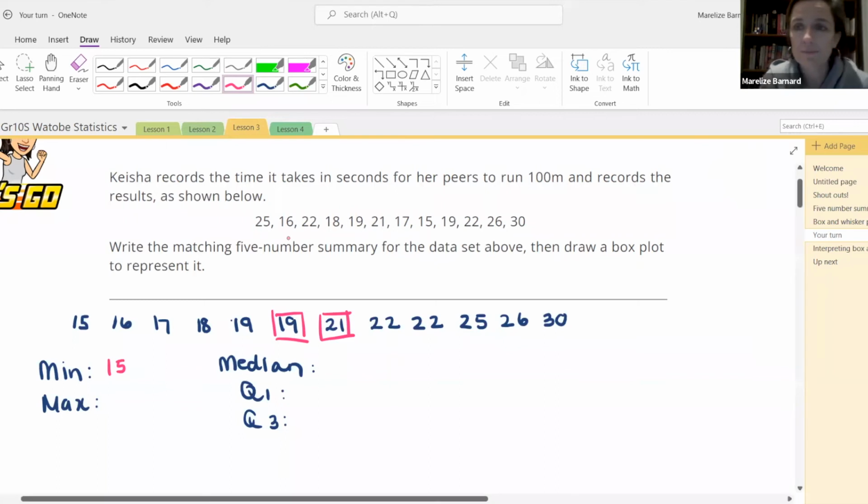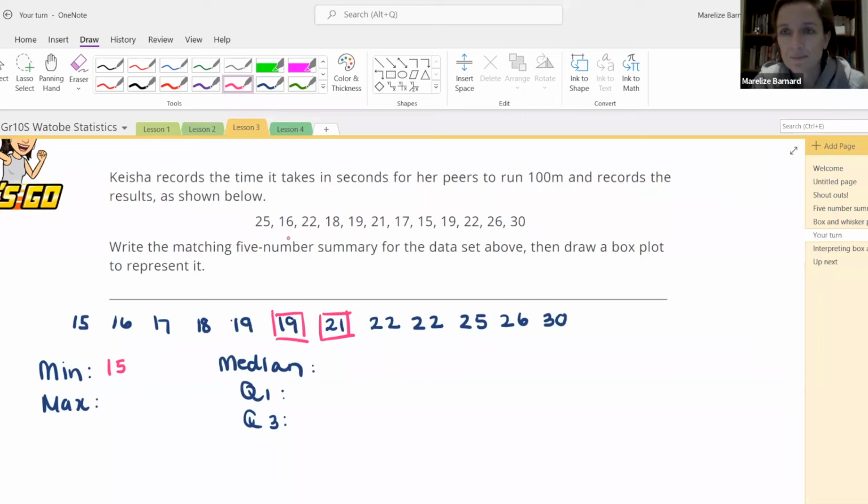Yes, Monica. Then with this one, when finding the median, are we going to take 21 plus 15 over 2 to find the median? 21 plus 19, yes, that's right. Plus 19 over 2. Yes. Okay.